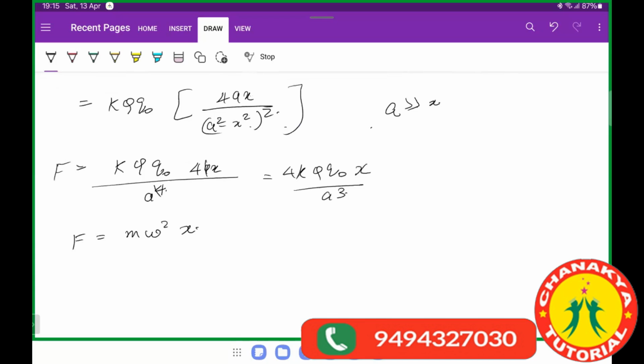So I can equate this force with m omega square x, x cancels. So we divide by m. So omega equals the square root of 4k q naught by m a cube.